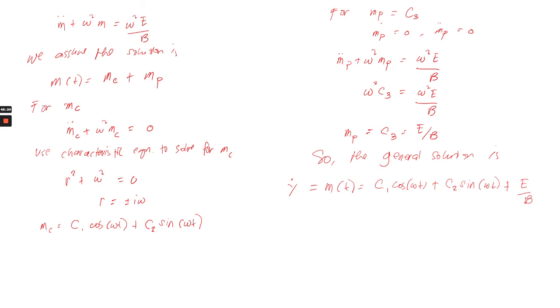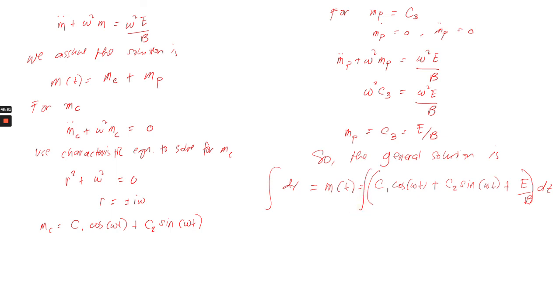Y dot is just dy over dt. We can transpose dt to the right hand side, so we multiply everything by dt, and integrate.